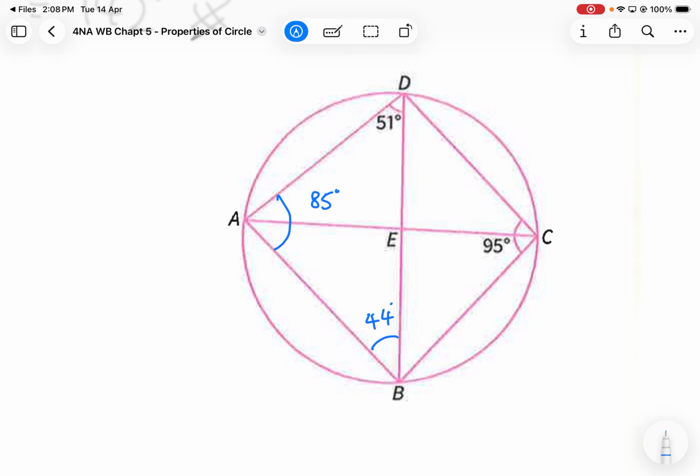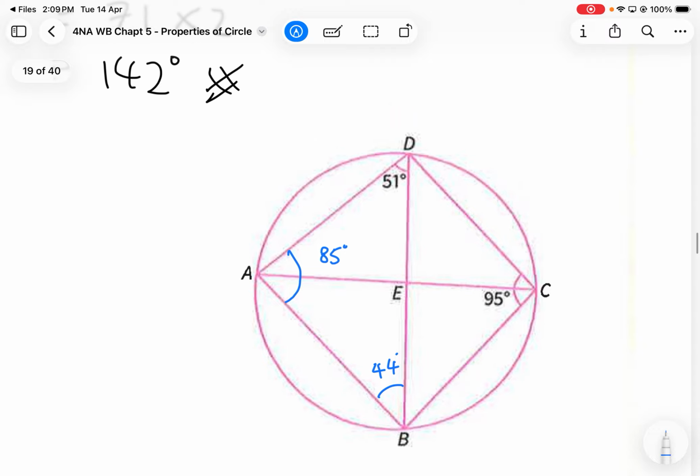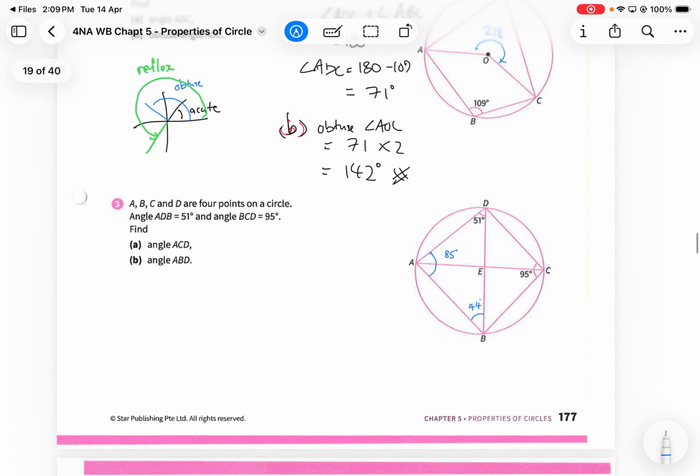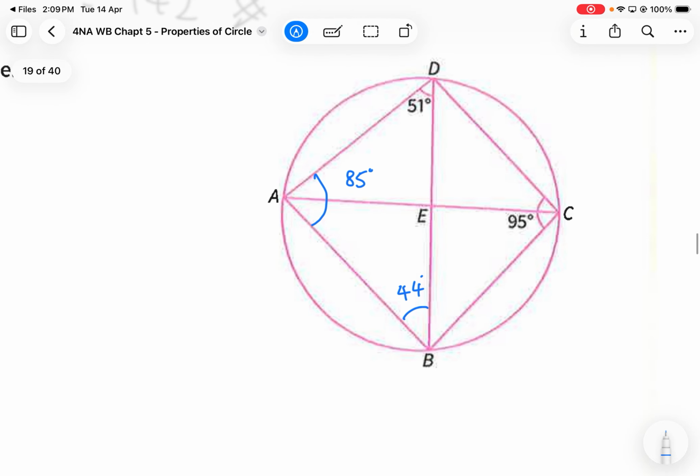What else do I know? Wow. ABD. Wait, I found ABD already. So why haven't I found ACD? ACD.